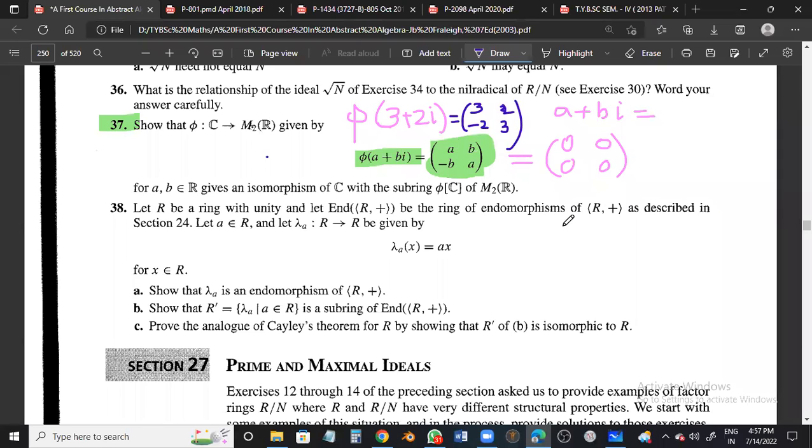If I tell you my matrix is something like 5, minus 6, 6, 5, it is the image of what? Yes, help me. Image of 0 is 0, you're right. But in this case, now help me. 5 minus 6i. Yes, very good.